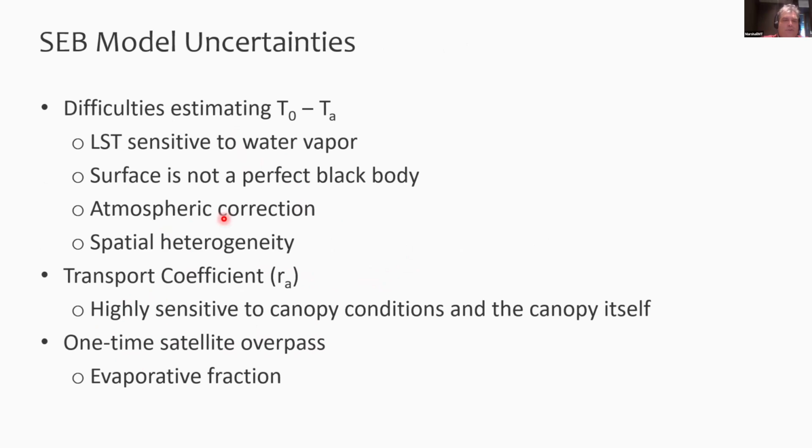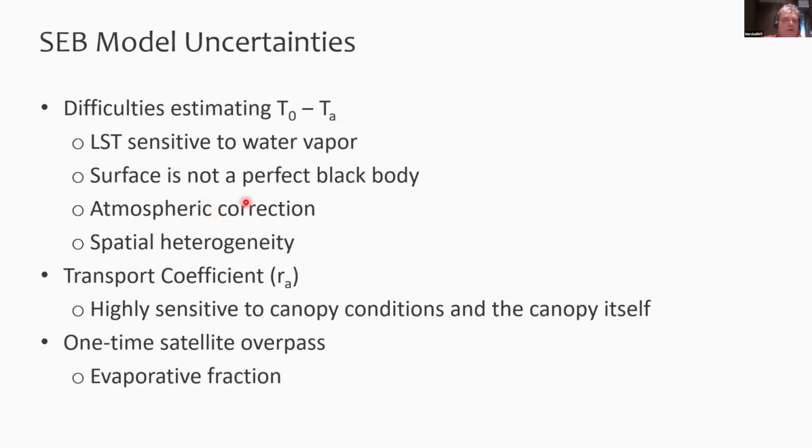So these are some of the major uncertainties of surface energy balance models. So this estimation of land surface temperature and atmospheric temperature is difficult, and as many of you know, thermal experts, land surface temperature is sensitive to atmospheric water vapor. The surface is not a perfect black body, it's heterogeneous, and so this wreaks havoc on the emissivity of the surface.